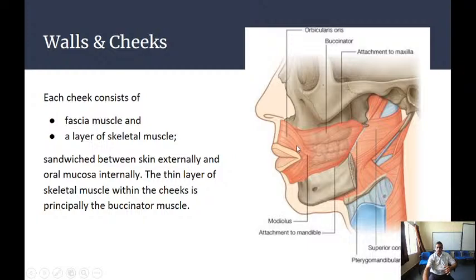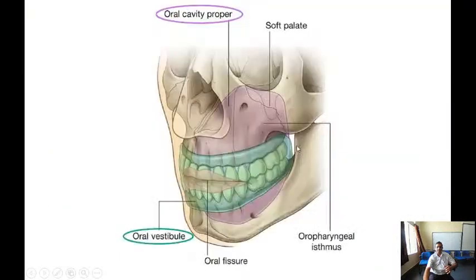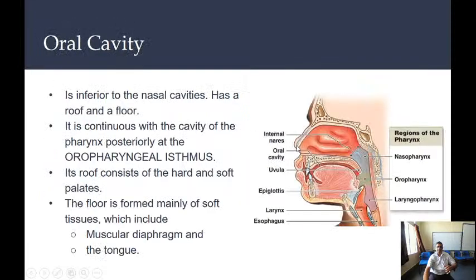Let us try to brush these things and try to get the correct picture. The roof is formed by the hard palate and soft palate, partly formed by the maxilla and the palatine bone, and the soft palate by the muscular tissues. The floor is formed by the mylohyoid, geniohyoid, genioglossus, and the entire tongue.